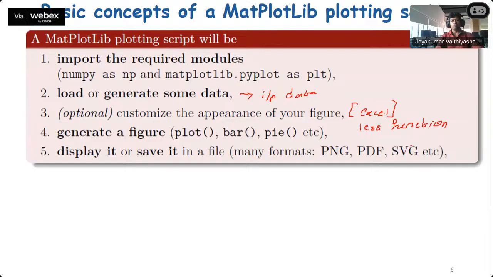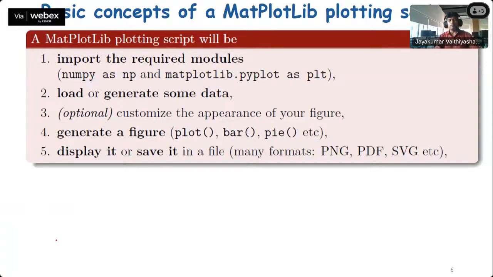That is why publication houses will request plotting images generated by matplotlib. The alternative I will suggest is GNU plot. GNU plot I will cover in the lab part. GNU plot is a very good alternative for matplotlib. It is open source, you can use that also.